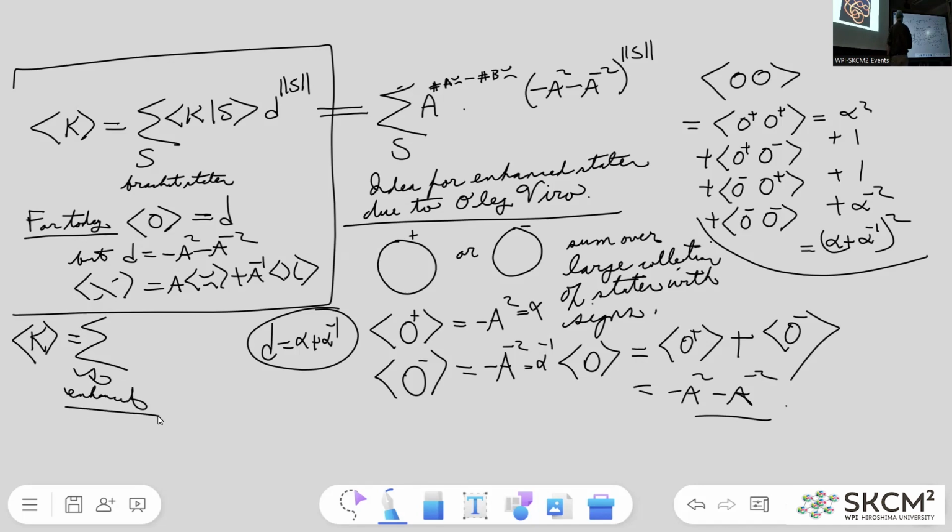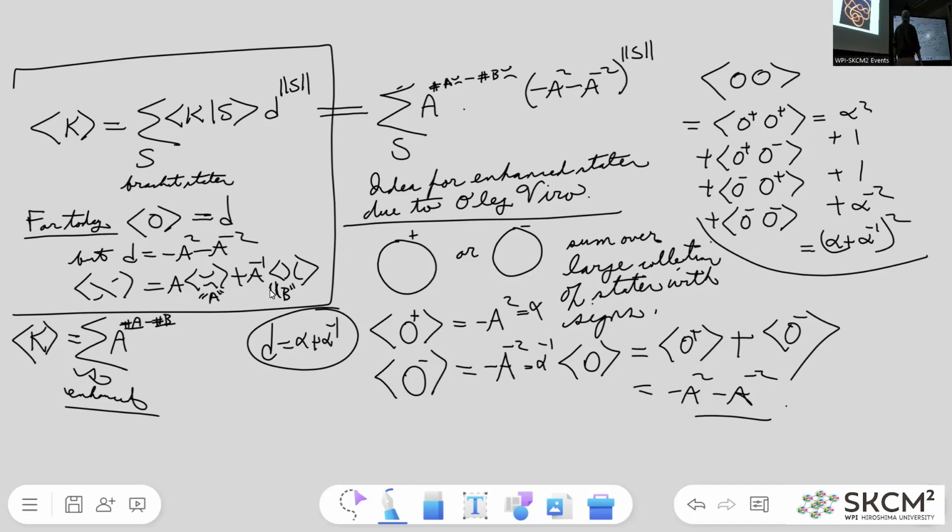We're still going to get A to the number of A minus the number of B states, right? A states, B states, A smoothing, B smoothing.